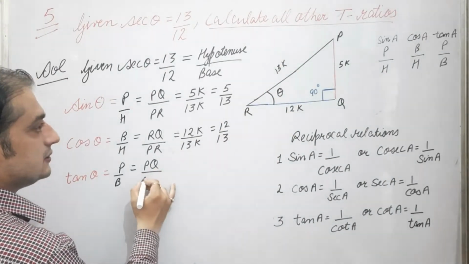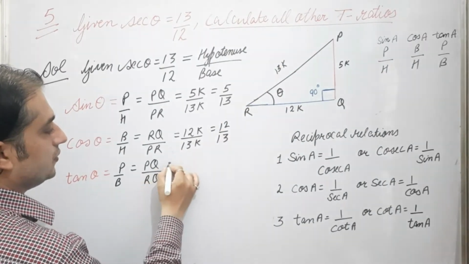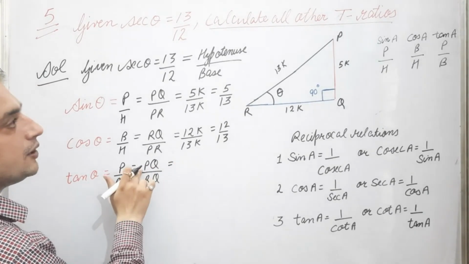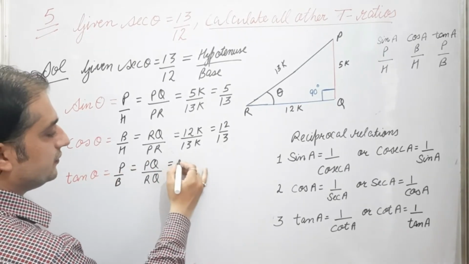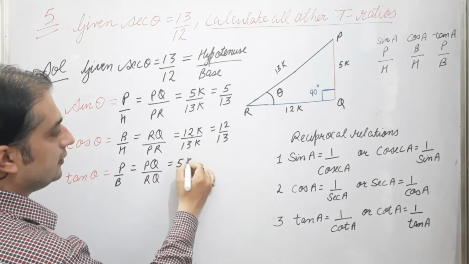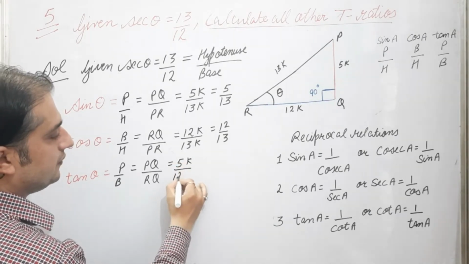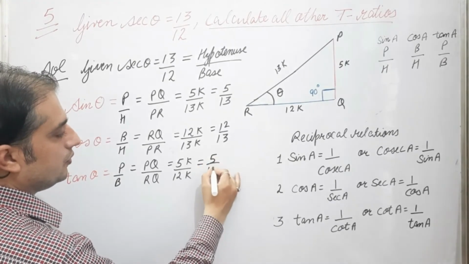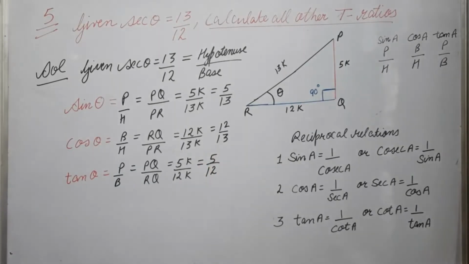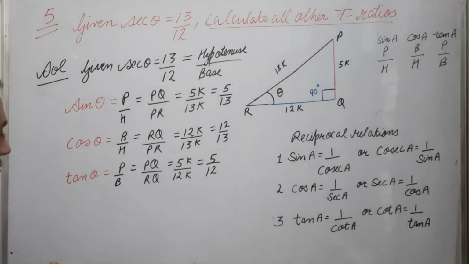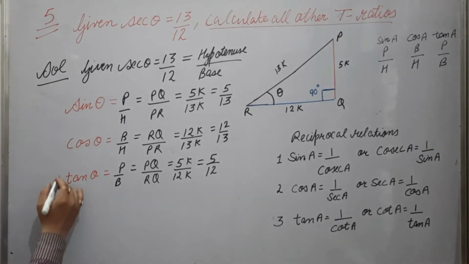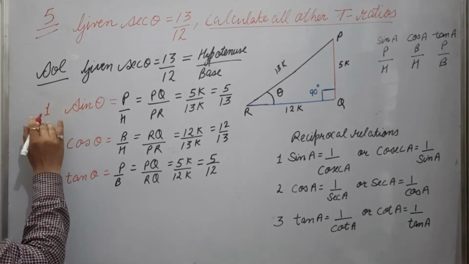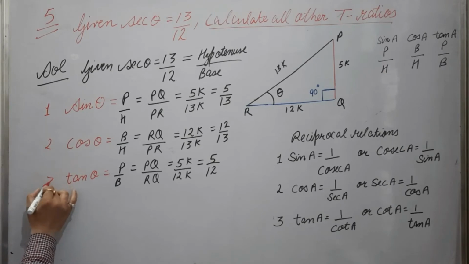So this is RQ. So the ratio is 5K upon 12K. K cancels out with K, so the ratio is 5 upon 12, because each trigonometric ratio has no units.